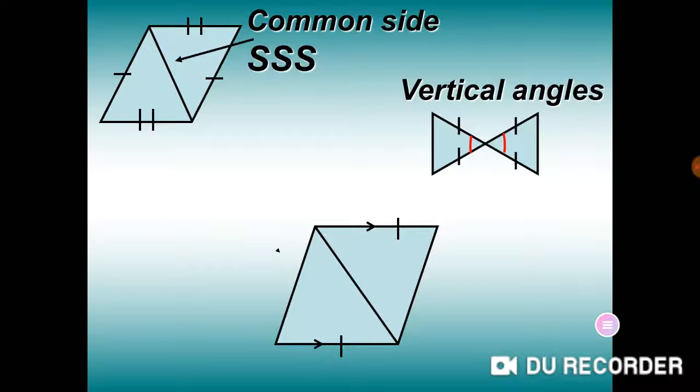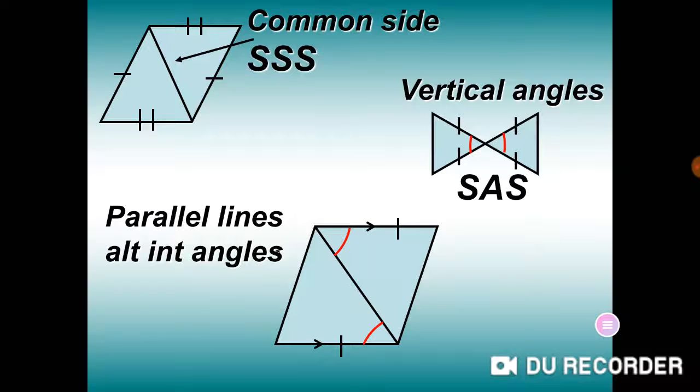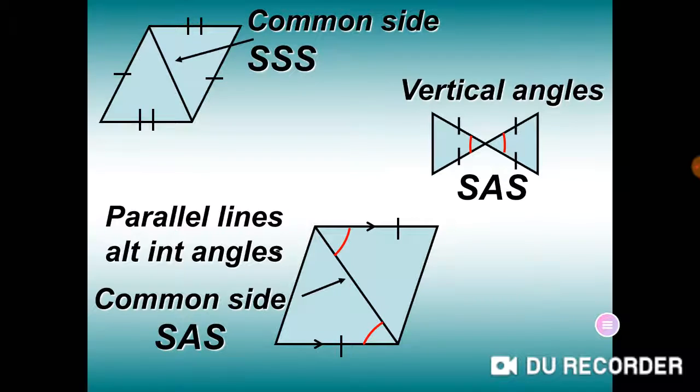And here we have two vertical angles, so the two triangles are congruent by side angle side, or SAS. And here, because we have two parallel lines, the alternate angles are congruent, and we have a common side, so the two triangles are congruent by the postulate SAS, side angle side.